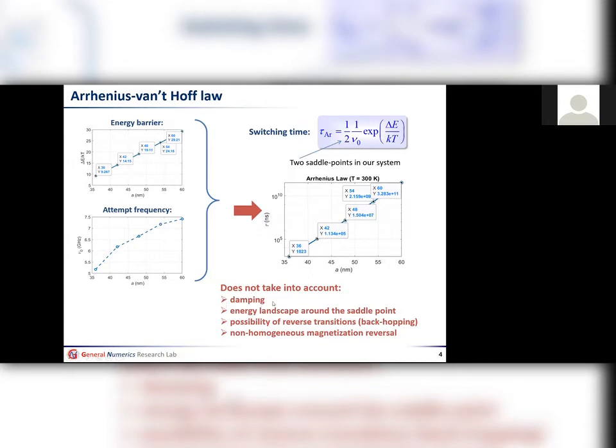It does not take into account damping. This is especially bad because without damping you don't have any switching in thermodynamics. It does not take into account the energy landscape around the saddle point, possibility of reverse transitions, and of course a possibility of non-homogeneous magnetization reversal if we are in some micromagnetic framework.